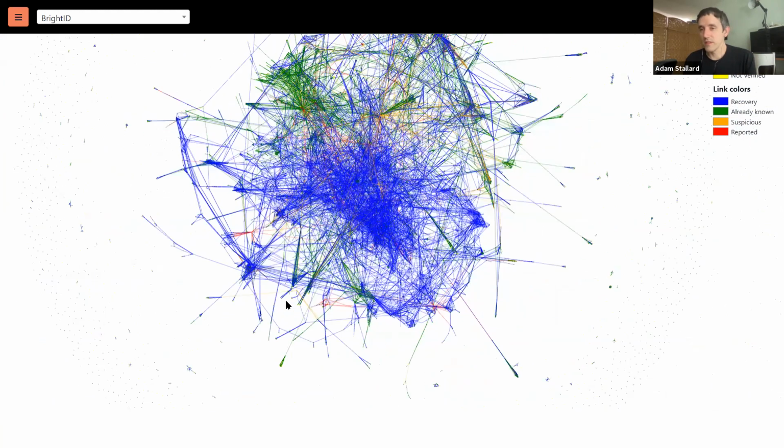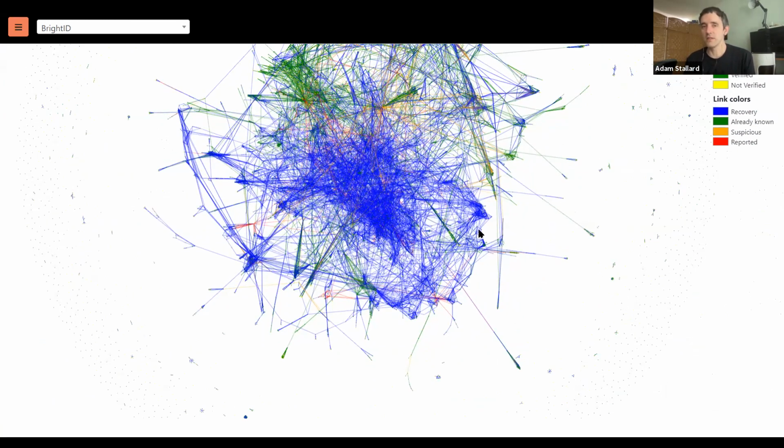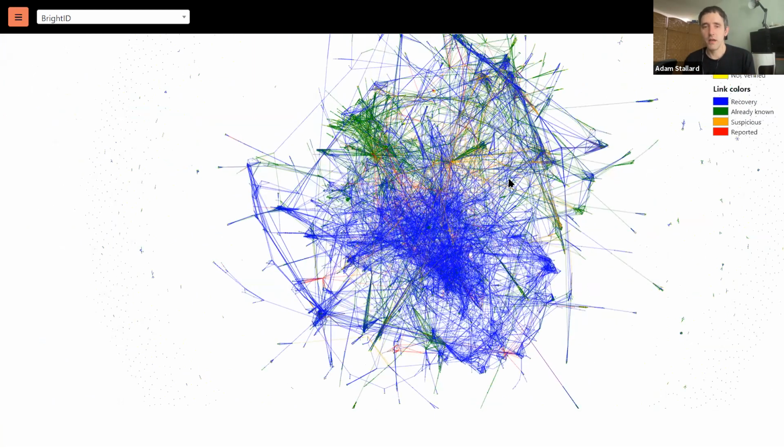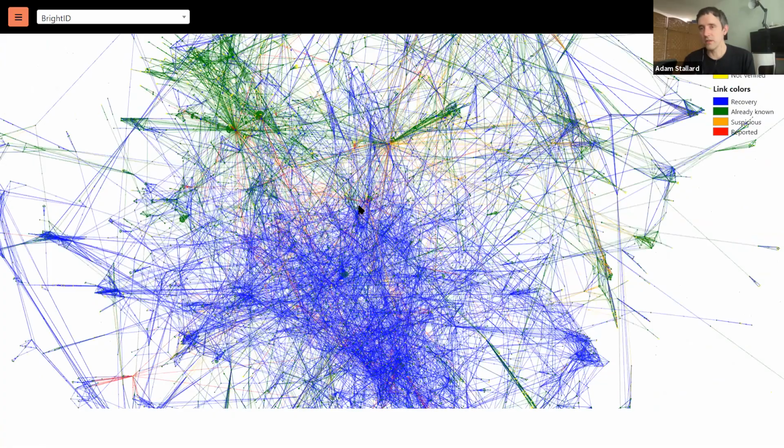But let's say that someone was clever, an attacker, and said, hey, I'm going to spin up 10,000 accounts and recreate this entire structure. How would an algorithm be able to tell the difference between that structure and this structure?